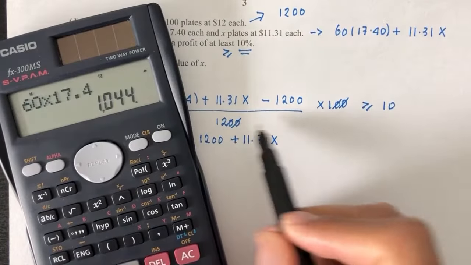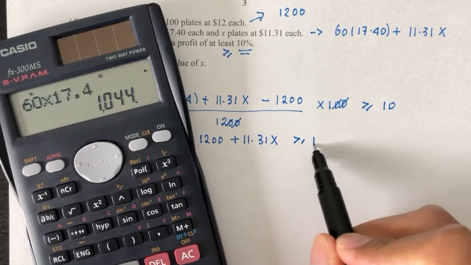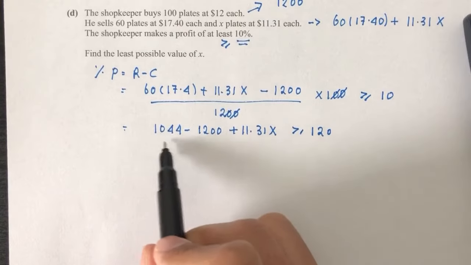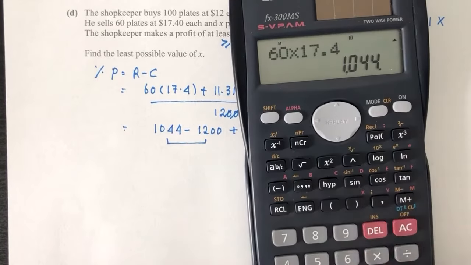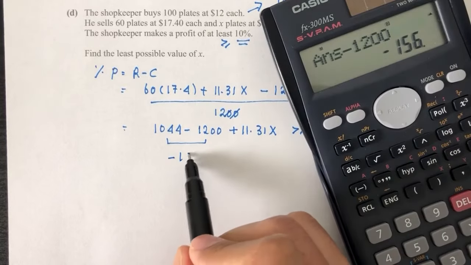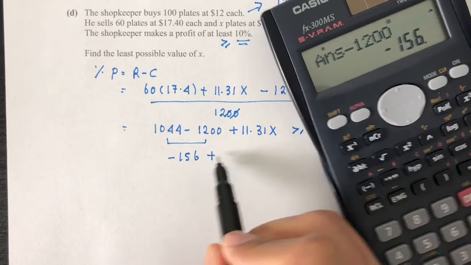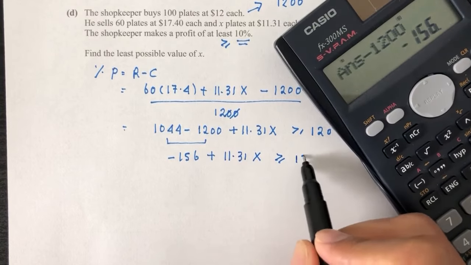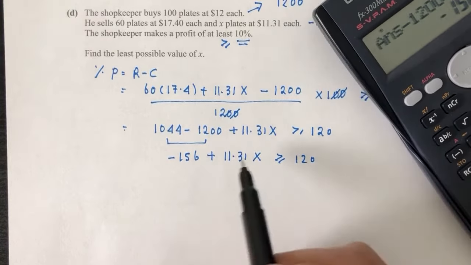So 12 can go here. That will be 120. Now for this part, we take this minus this. So 1044 minus 1200, that will be minus 156 plus 11.31x, more than this.